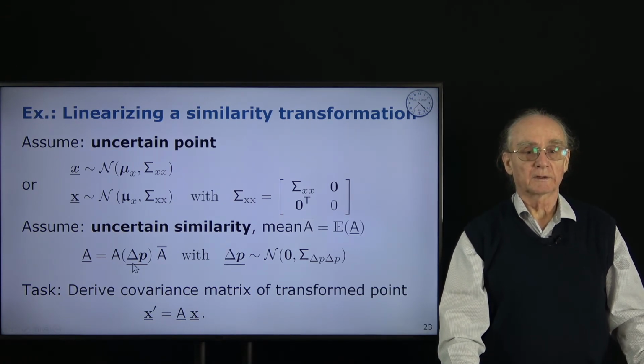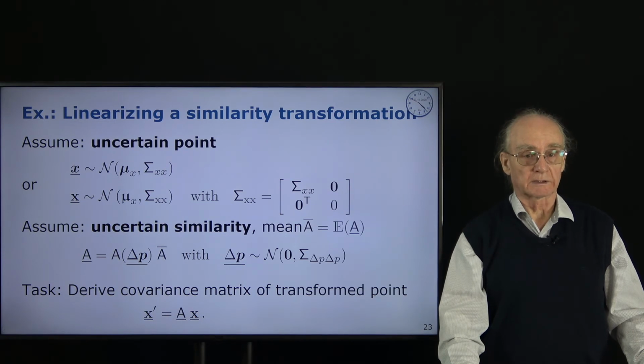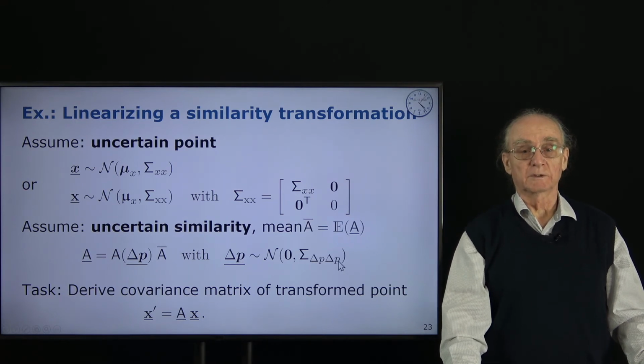And we say the uncertain similarity is the product of this mean multiplied with a similarity depending on a small disturbing vector delta p, which is stochastic. And the covariance matrix of this vector is described by some distribution, let's say normal distribution, with mean value 0, that's a 7 vector 0, and a 7 by 7 matrix for the 7 parameters of the similarity.